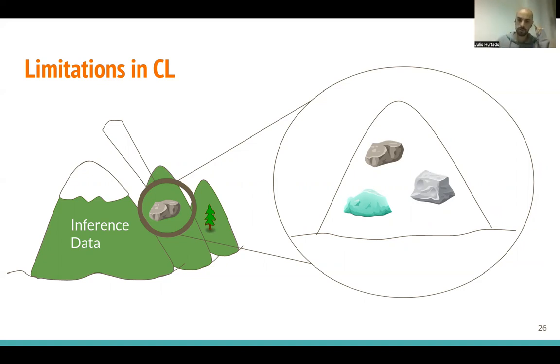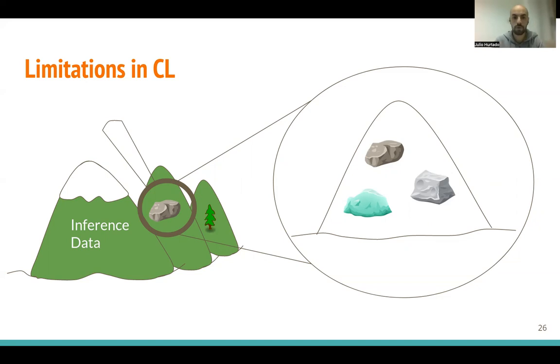So, for example, in distribution 1, we train only with information about snow. Distribution 2 has only information about rocks, and distribution 3 only information about trees. However, we know that this is not realistic. In real-world applications, you don't see such strict tasks with only information about a particular class.